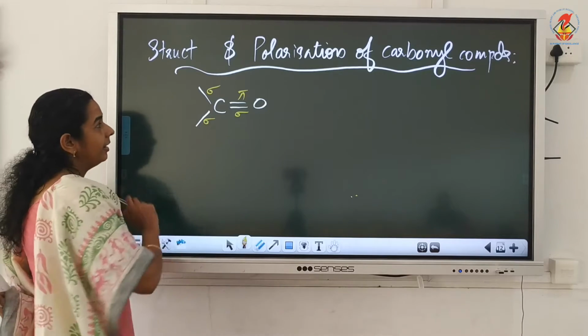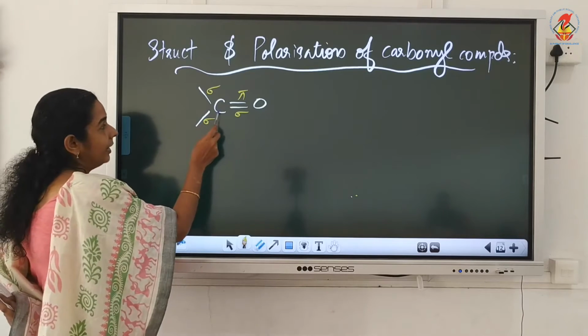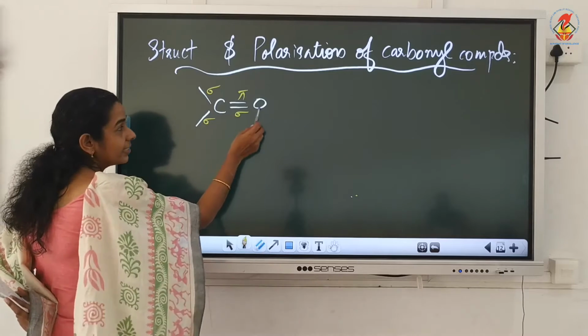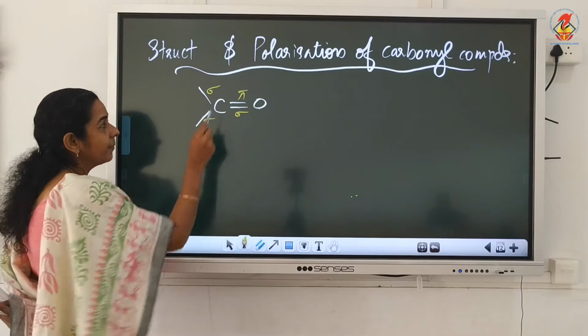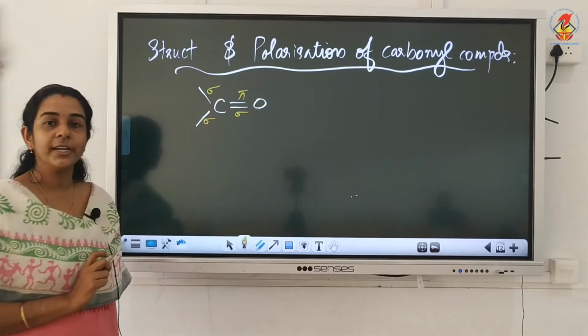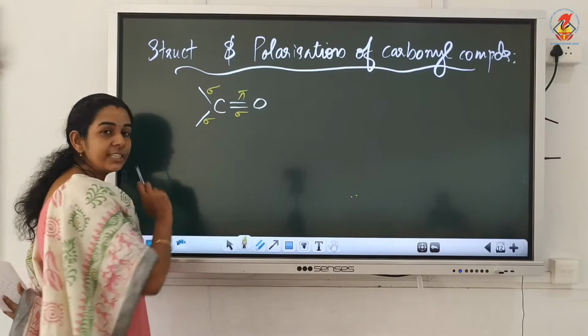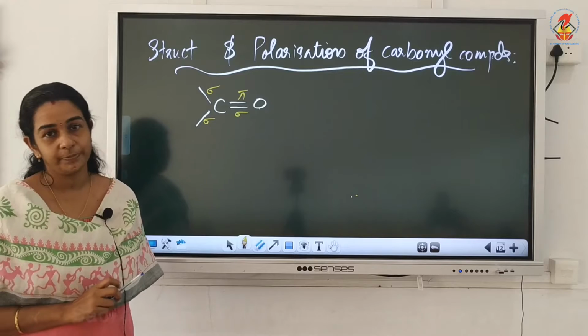Now, here in carbonyl group, this carbon is known as carbonyl carbon and this oxygen is known as carbonyl oxygen. That means the carbon atom of carbonyl group will be called as carbonyl carbon and the oxygen atom of carbonyl group will be called as carbonyl oxygen.